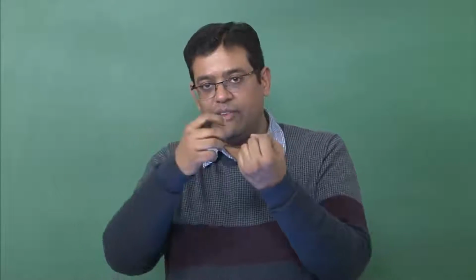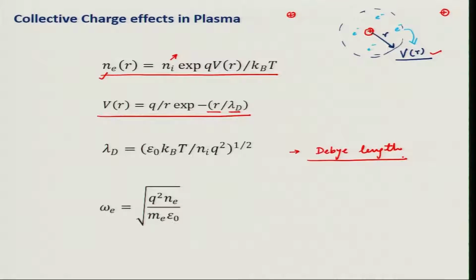And what is this distance? It is a distance called the Debye length. And this epsilon 0 is the permittivity of free space, and n is the density of ions. So, if you have a large number of these ions, then this Debye length will be very small.